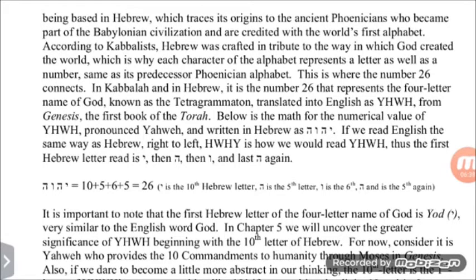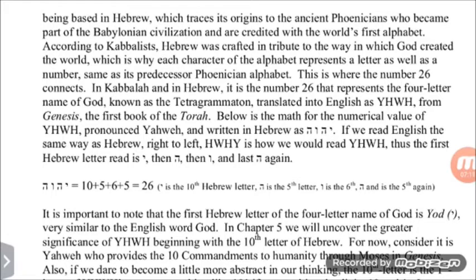Below is the math for the numerical values of Yahweh, written in Hebrew as 4 symbols. If we read English the same way as Hebrew, right to left, HWHY is how we would read it.